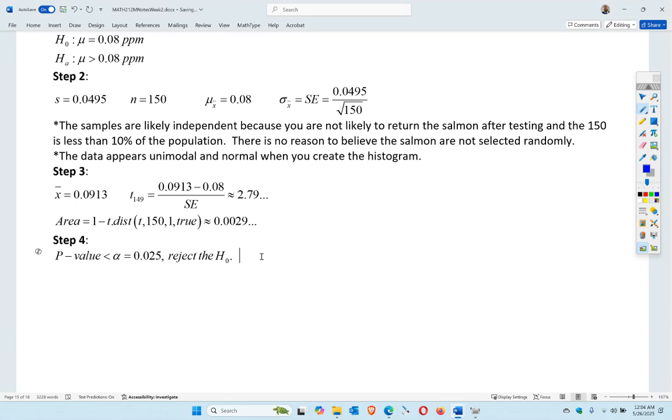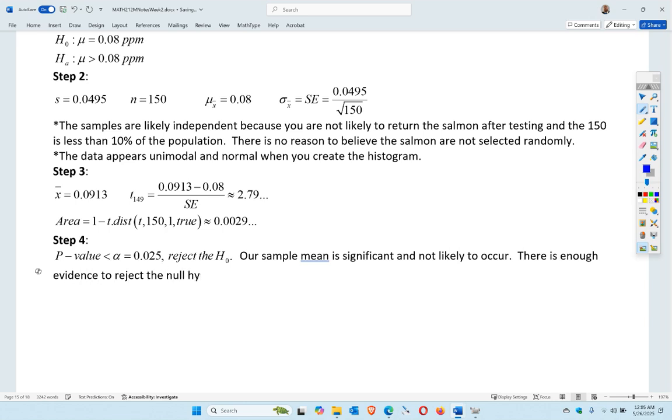So since we rejected it, our sample mean is significant and not likely to occur. Basically we're in the shaded region, right? It's not one of the common samples. So there is enough evidence to reject the null hypothesis.